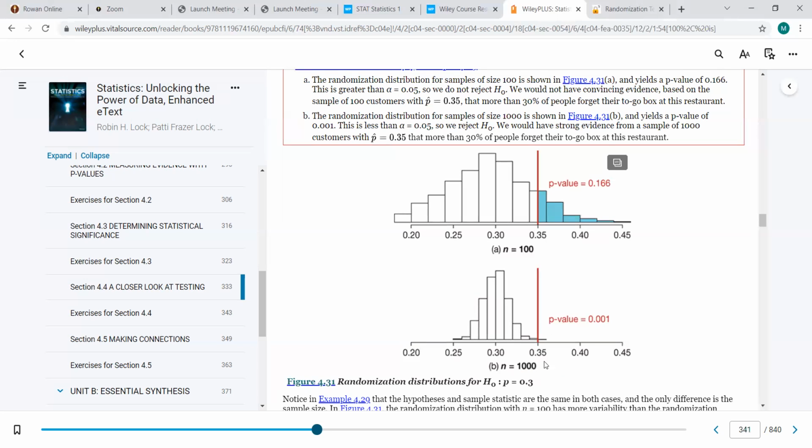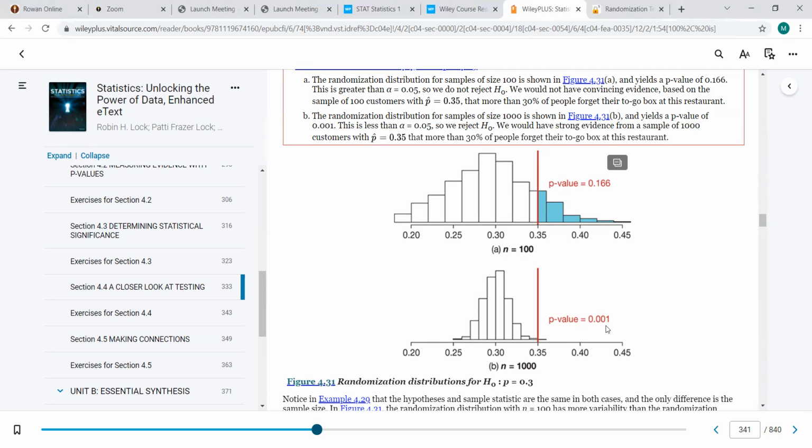So the sample proportion is the same, 0.35, but notice that when you have a smaller sample size, the sampling distribution is more spread out, so you can see a bigger p-value. And when the sample size is larger, notice that the sampling distribution is narrower, and the p-value now is much smaller, and you have a better chance of rejecting the null hypothesis.